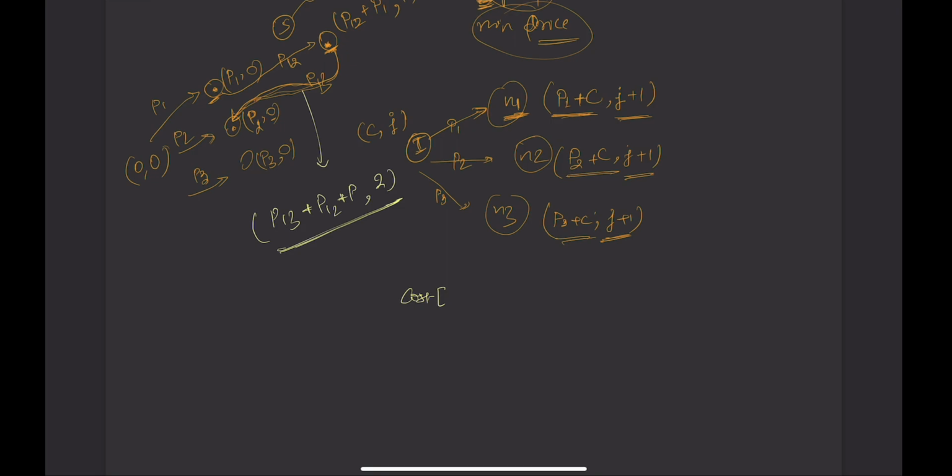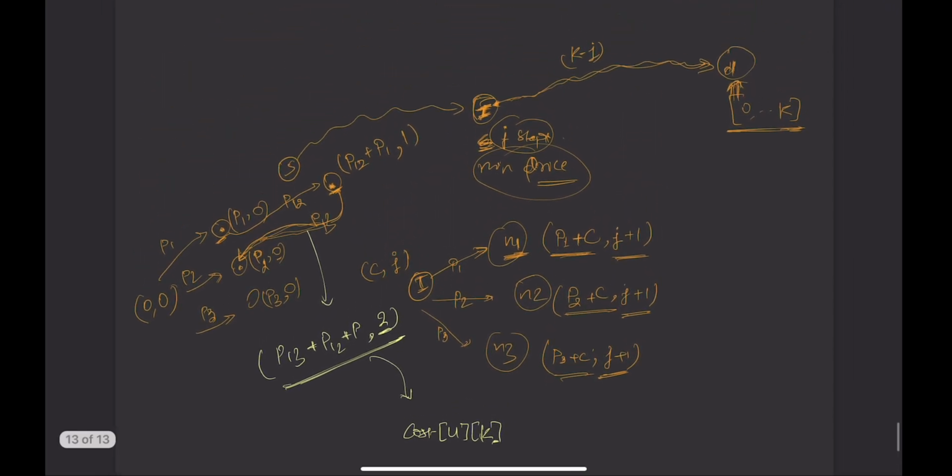So cost of node u in k steps, so it will be for this node in 2 steps. I think, yeah, it is somewhat dynamic programming also. Let's see if it can be solvable.